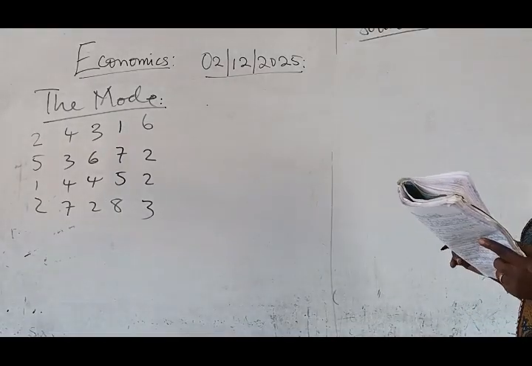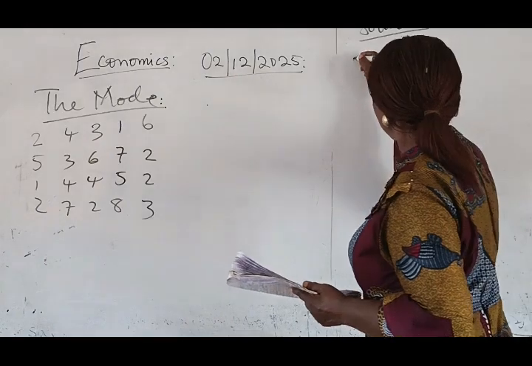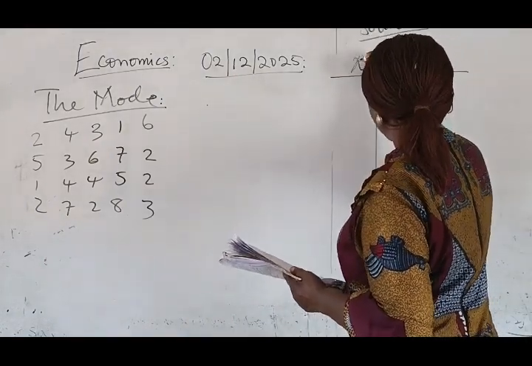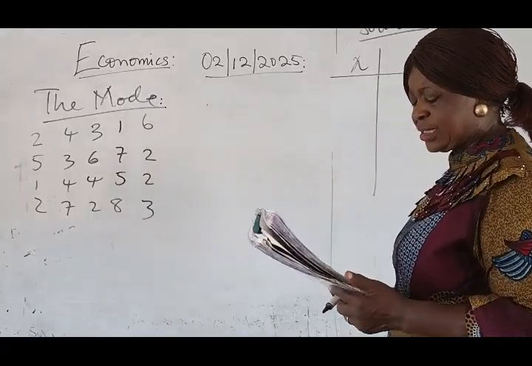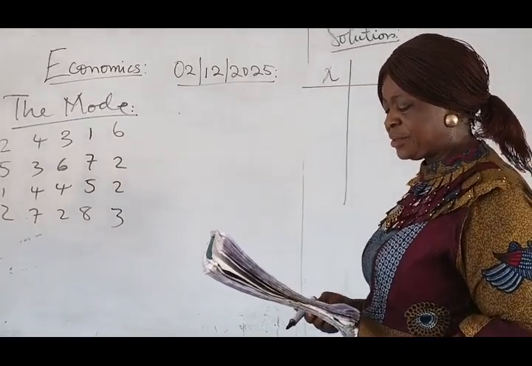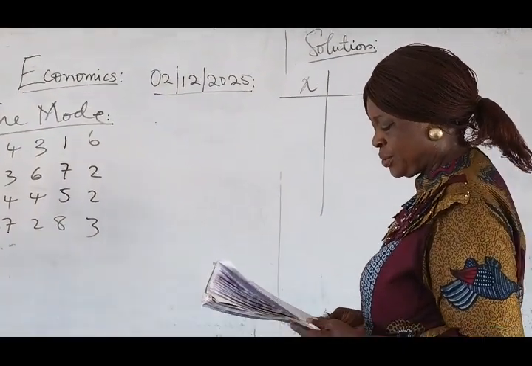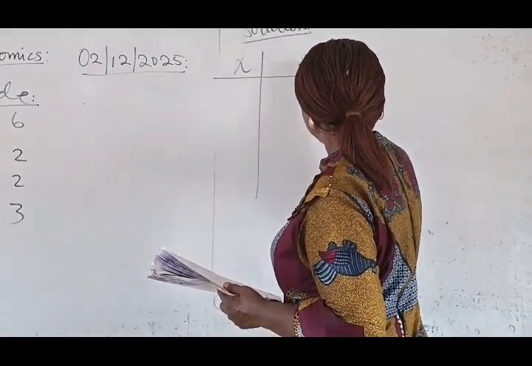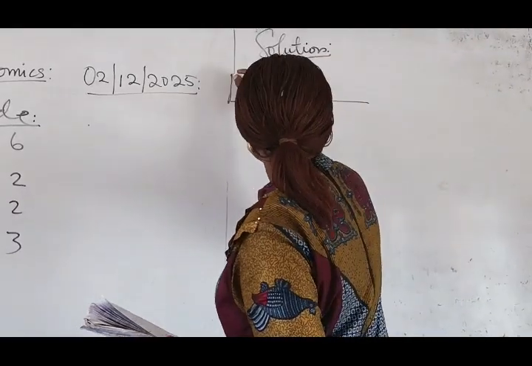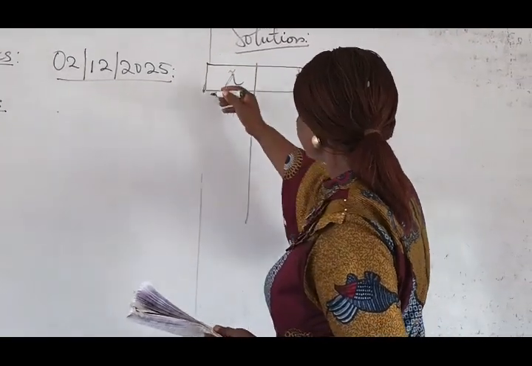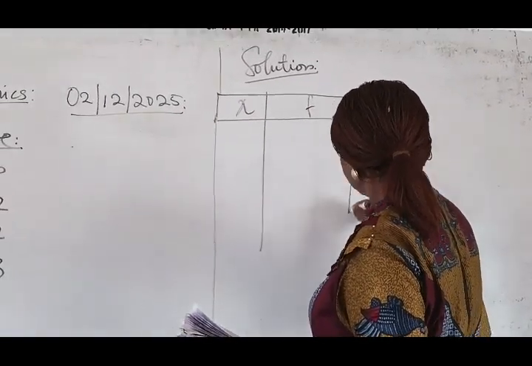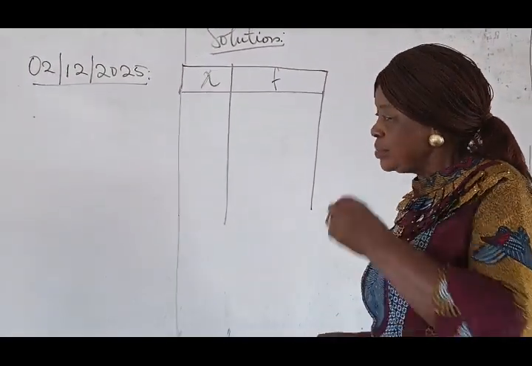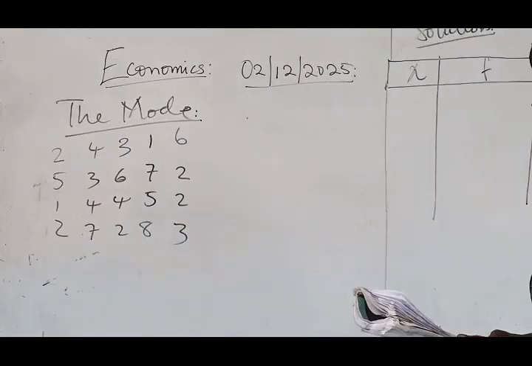So for our solution, we are trying to prepare the frequency table. We have x. The x here stands for the class, the scores. Then we have frequency, which is f. So here, we look at the figures given. Find out the smallest number there, which is 1.